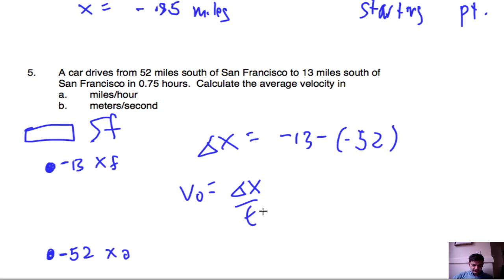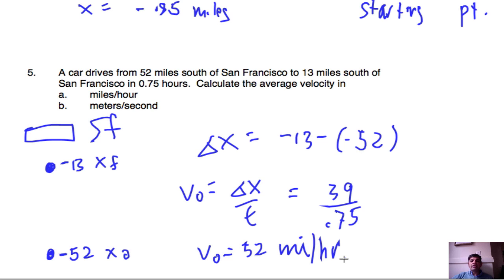So we end up going 39 miles north divided by the time, which is 0.75. And we end up getting that our V naught is 52 miles per hour on this one.